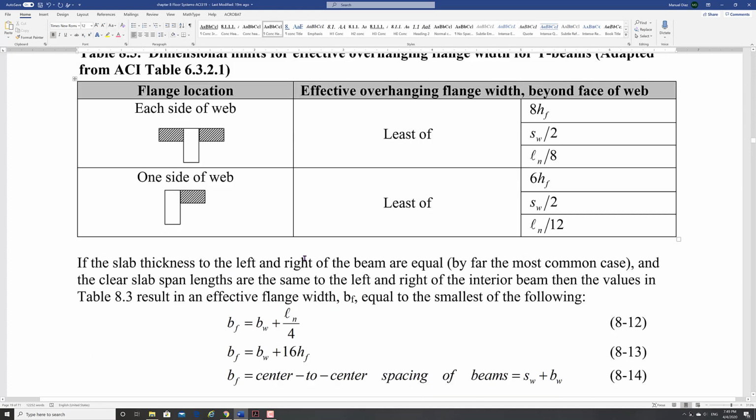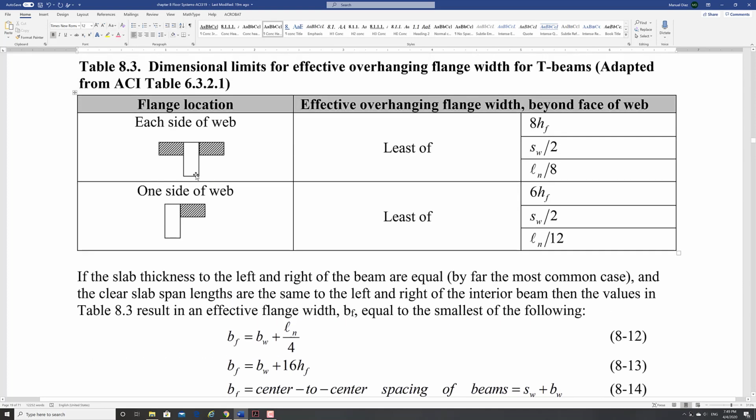So b_f will be b_w plus l_n/8 on this side and l_n/8 on this side. If both sides are equal, then you can do l_n/4. Now, if both sides are not equal, then you have l_n1/4 and so on, with the lengths not equal, which is strange.